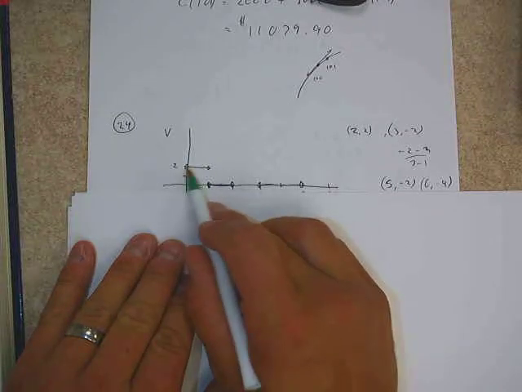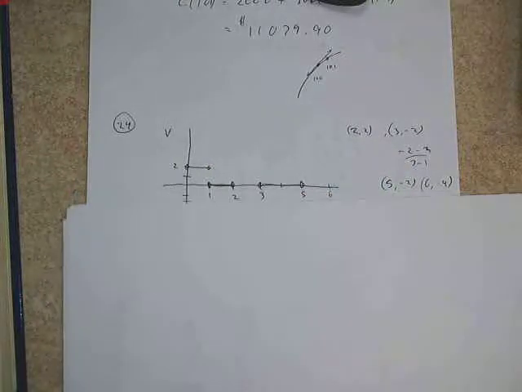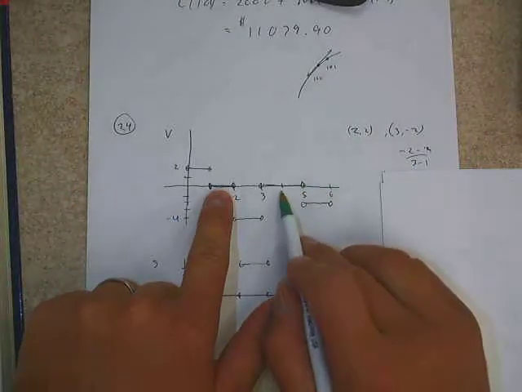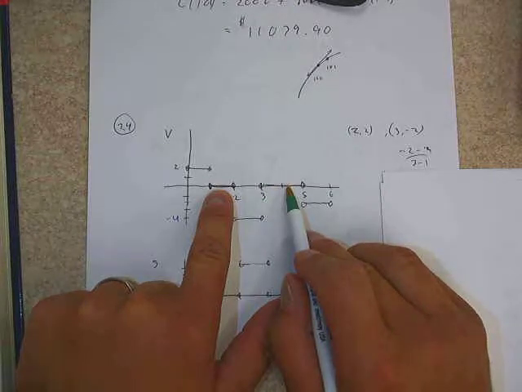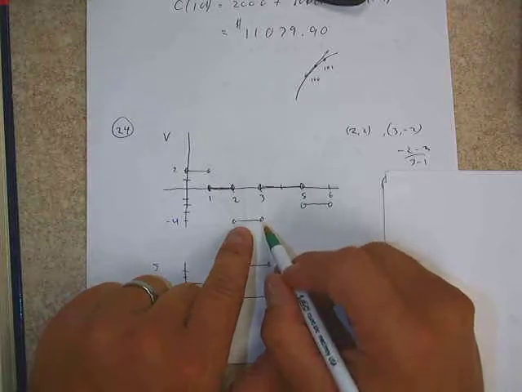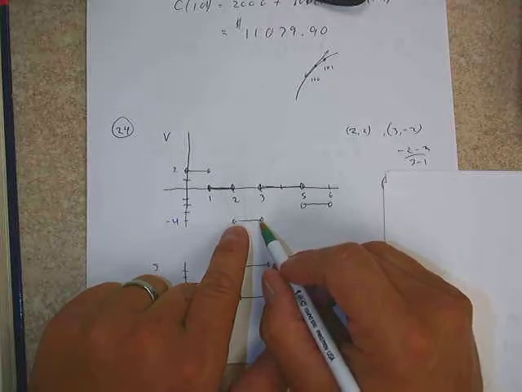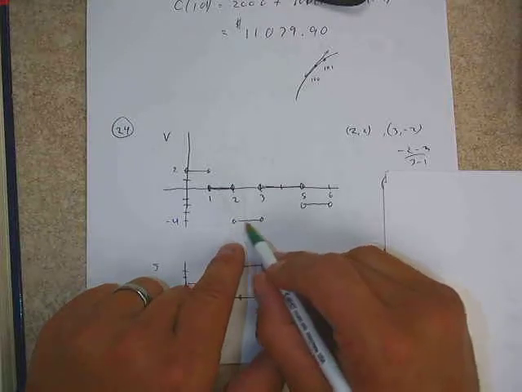So if you look at the picture that I've drawn, on the first branch I went from 0 to 1. I said that it's the horizontal line segment at 2 because that matches up with the slope of the function in the picture. Between 1 and 2 and 3 and 5, we said the slope was 0, so notice the y values of my picture are 0, matching up with the slopes of the original function.